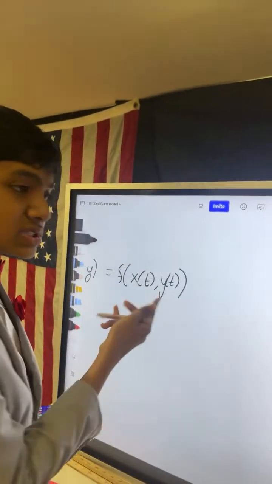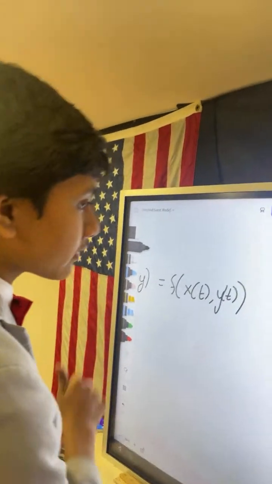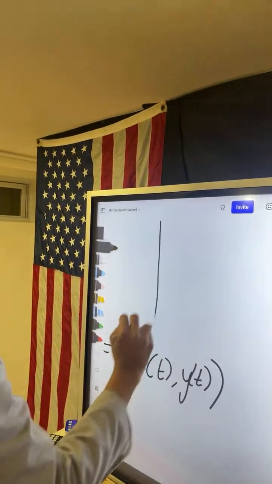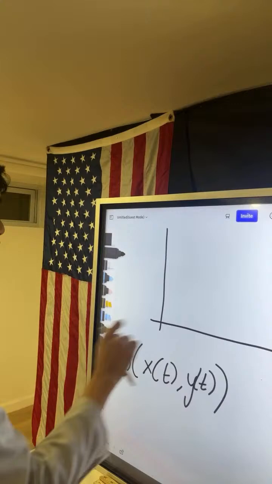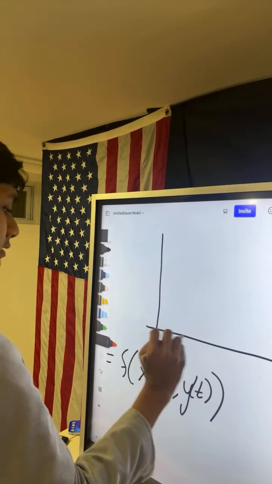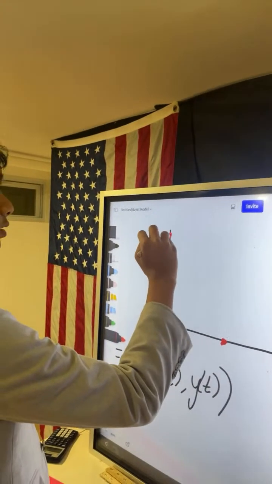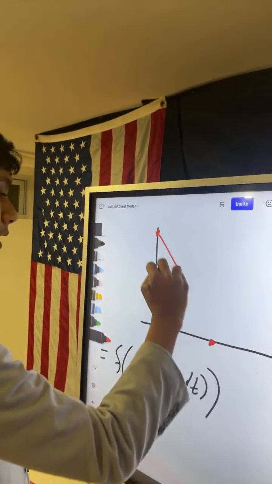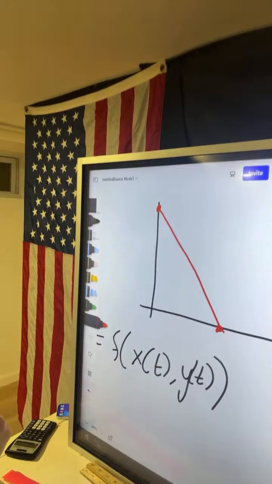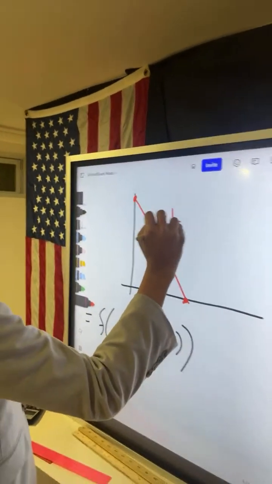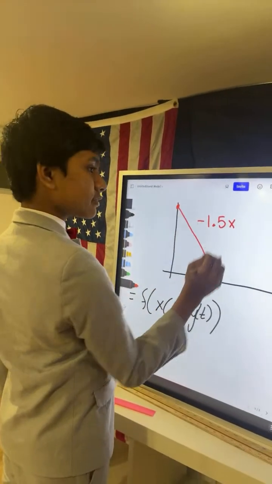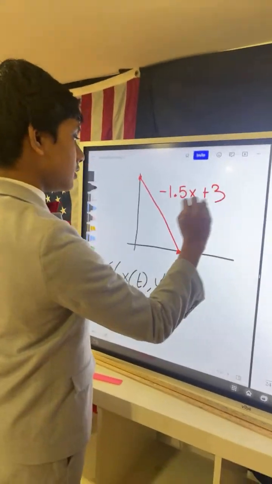So in this case, what's the parametric form of our curve? Well, it's a straight line from (2, 0), which is over here, to (0, 3), which is over here. So it looks like a line with slope negative 1.5, and the y-intercept is going to be 3.